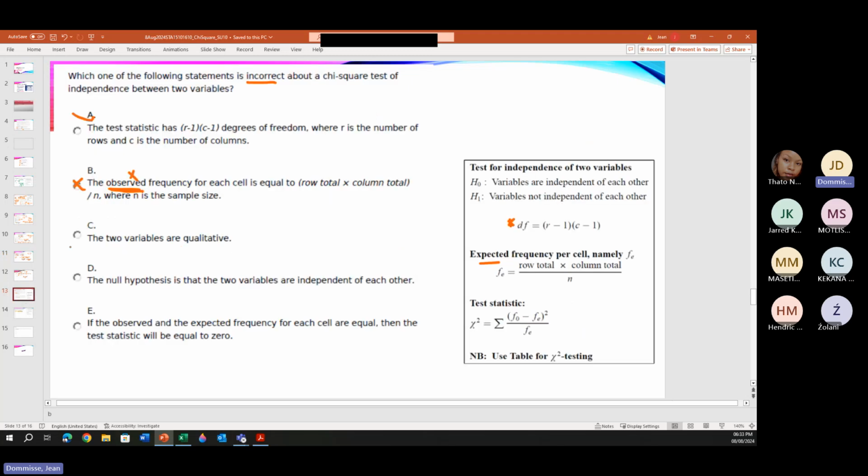So everything with chi-square is looking at qualitative data, so that is correct. Then the null hypothesis is that the two variables are independent. Null hypothesis is independence, which is correct.